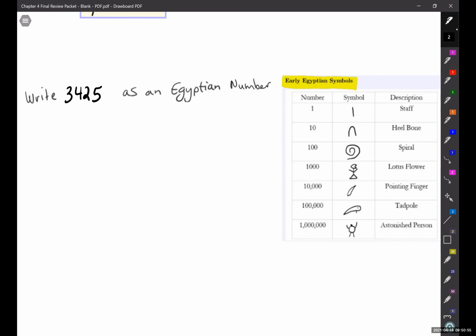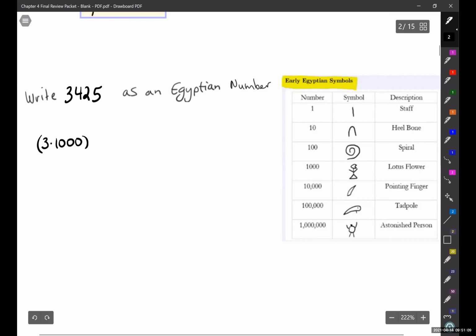Now, of course, you could just write it down instantly, but perhaps writing it in expanded notation helps us know exactly what our groupings are. So I'm going to say there's 3 1,000s. Well, I guess I should start from right to left like we normally do with expanded.